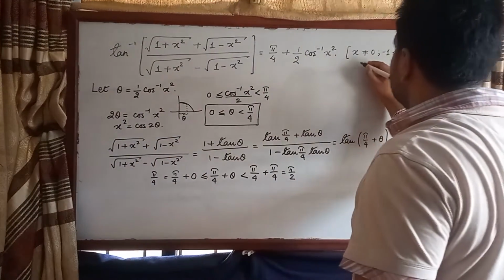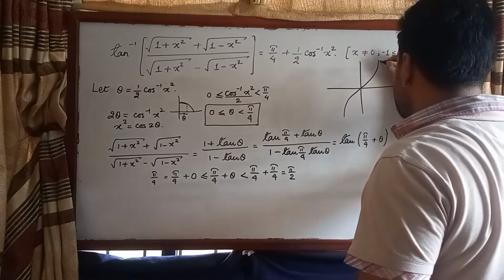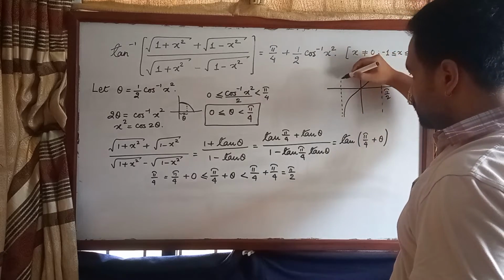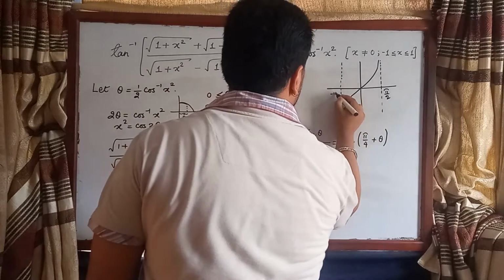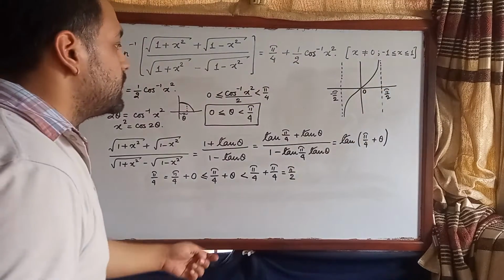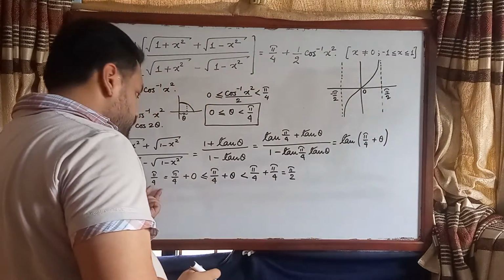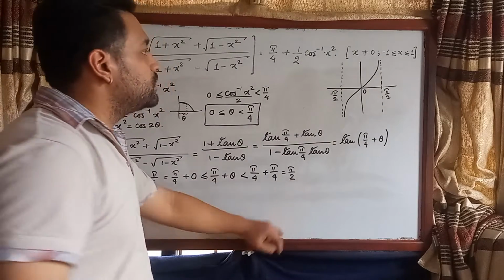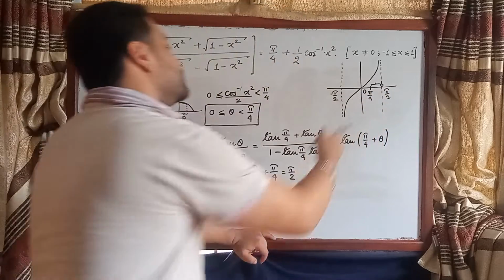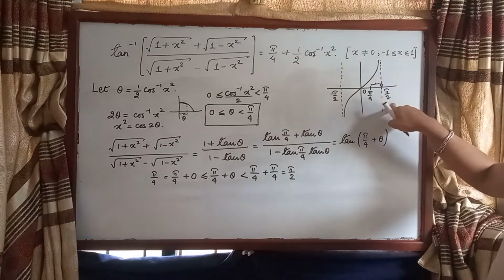Now the principal domain of the tangent function is the open interval minus pi over 2 to pi over 2, and pi by 4 plus theta is a value between pi by 4 inclusive and pi by 2 exclusive.